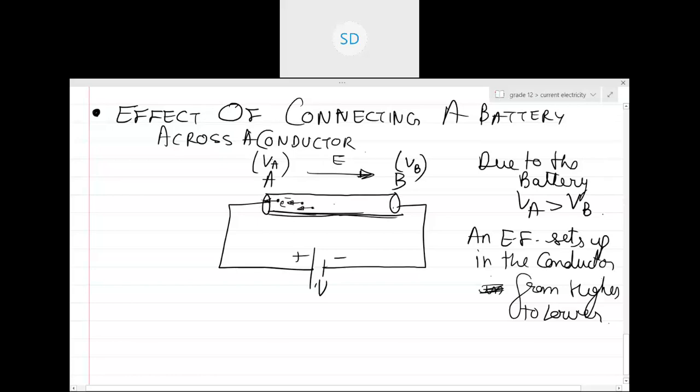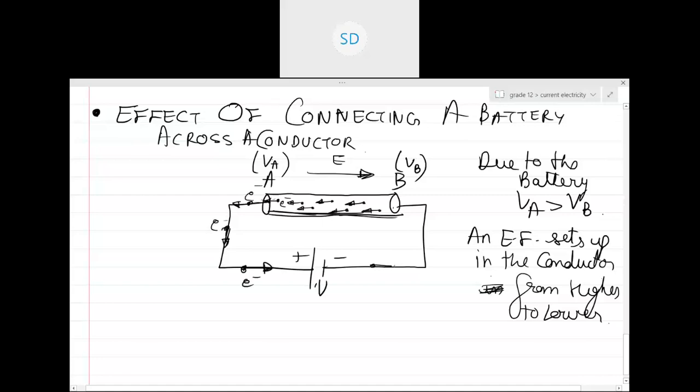They will start moving in the opposite direction, right? Because of this potential difference, these electrons started moving through this wire. Whenever these electrons are moving, that is what we call current, right?